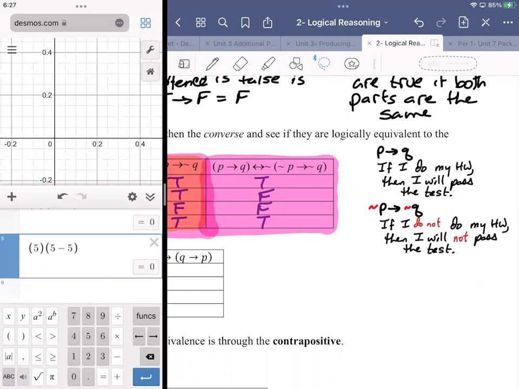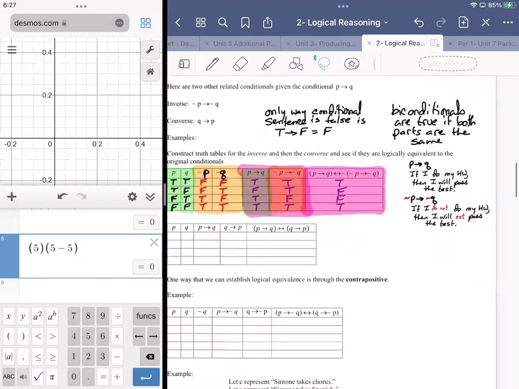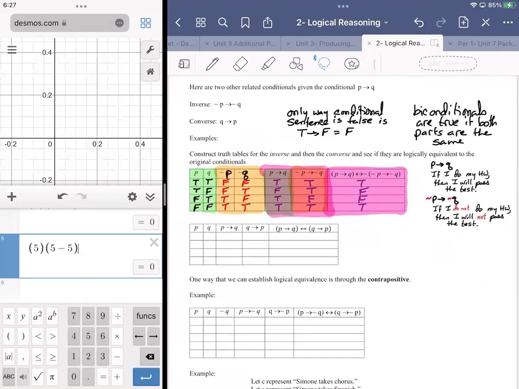Okay, so when we look at the truth value here, going back to the P and Q, the instances in which you get a true result over here where you do have logical equivalence would be the first case and the last case.